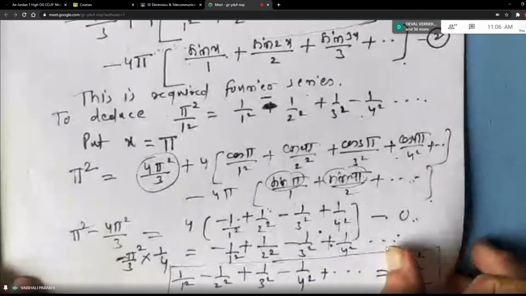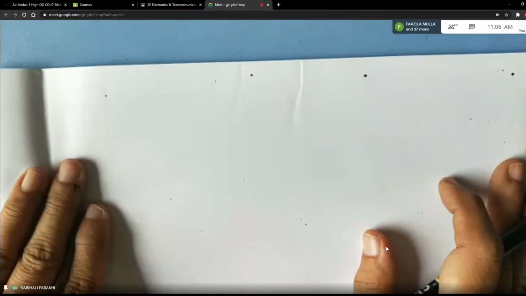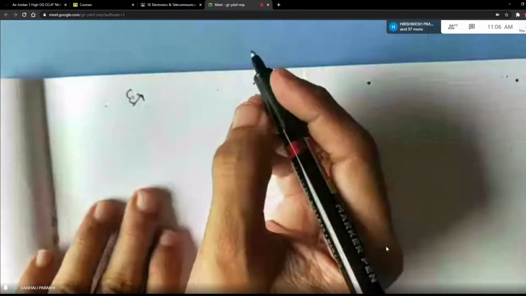So only one problem is done of Fourier series. Now one more. Take the problem. This is also from your question paper, students. The problem is like this.